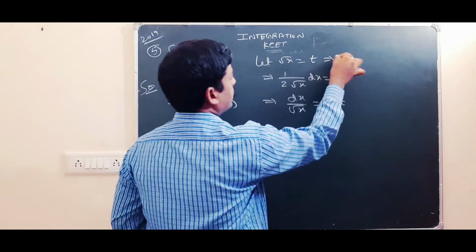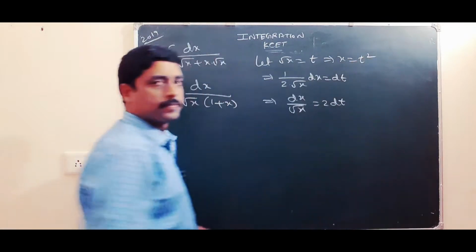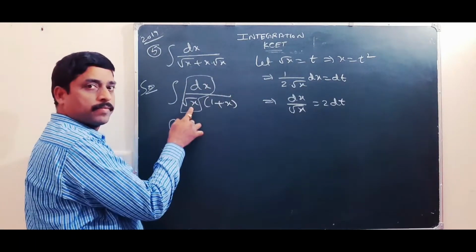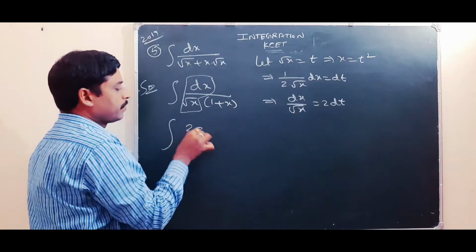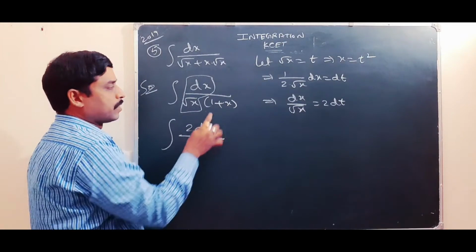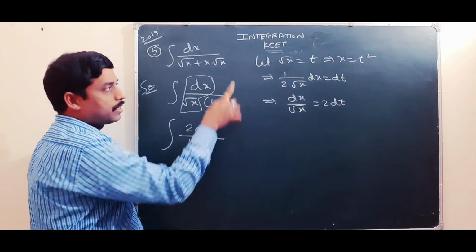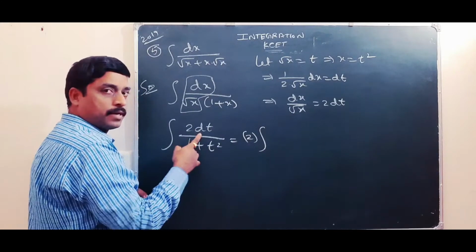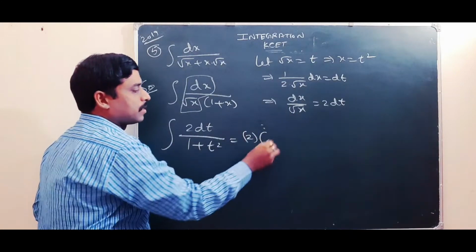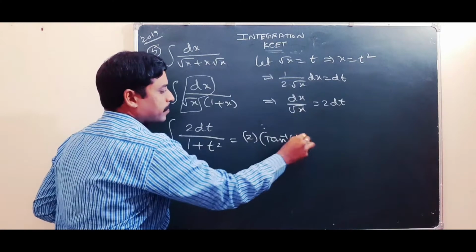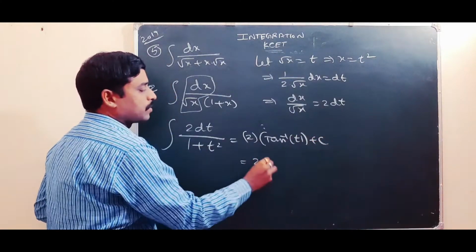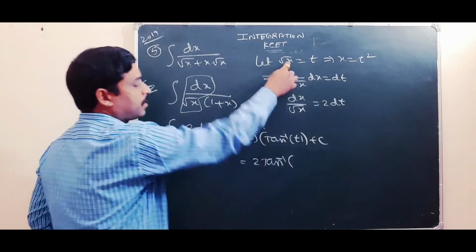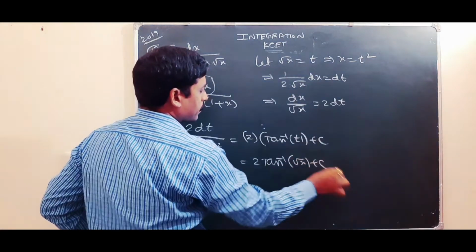Root x is equal to t, x is equal to t square. Now for dx by root x, we write 2 dt, and in 1 plus x, write 1 plus t square. In this, 2 constant, integral dt by 1 plus t square, this formula is tan inverse t. So 2 times tan inverse of, where t, we should write root x. So this is the answer.